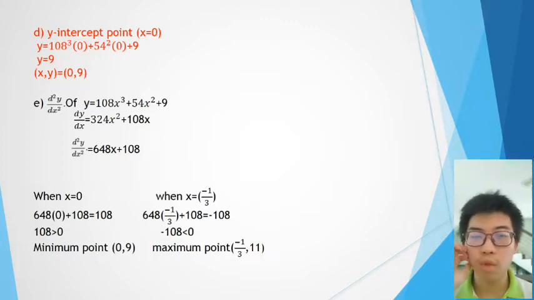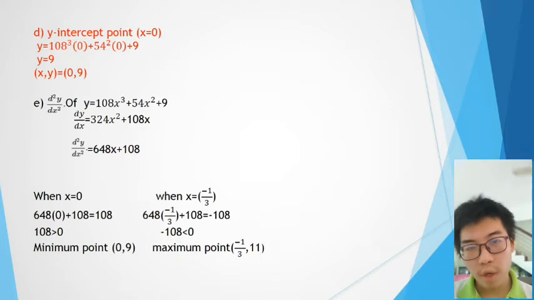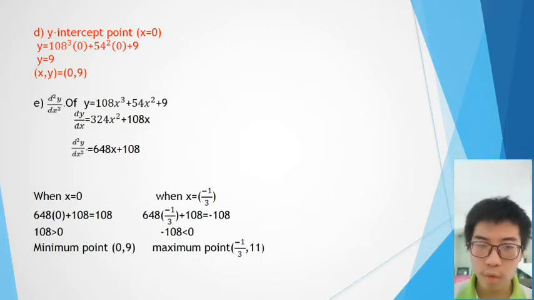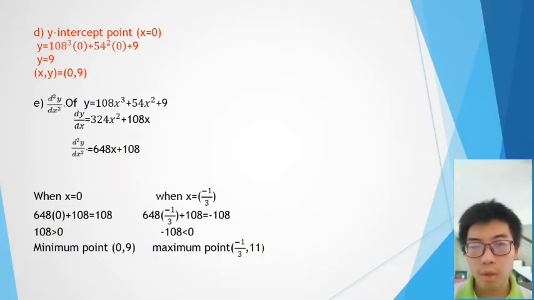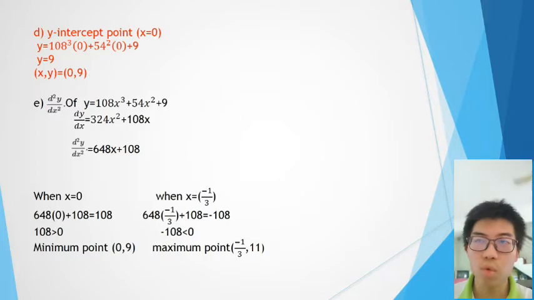Now we continue to E. Determine the nature of any stationary point that we found in part C. At first, we need to do the second degree differentiation. We take the equation y equals 108x^3 plus 54x^2 plus 9.